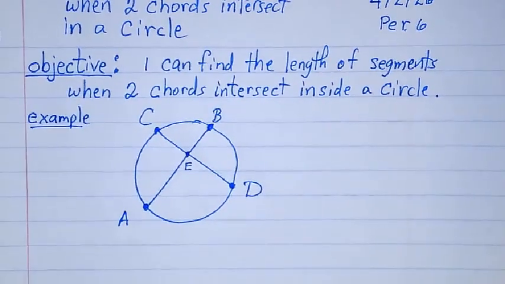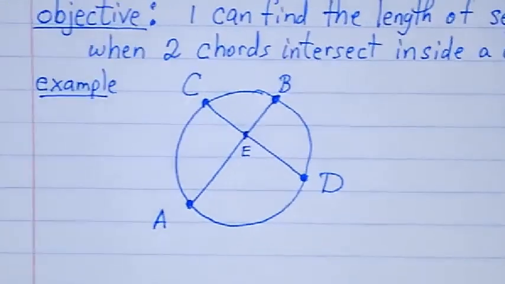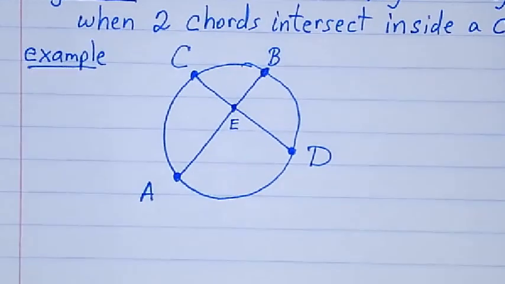So the main concept, well, before I give you the main concept, I have a question for you. This is something I want you to keep in mind. You got to look at the diagram.